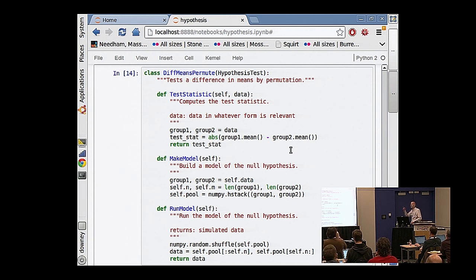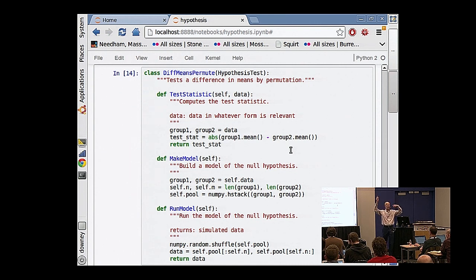Okay, so now here is a child class that is going to fill in that abstract class. I create a new thing that's called diff means permute. The name is both the test statistic, diff means, and the model that I'm using, permutation. And I'm going to do some different versions of that. I could do diff standard deviation permute, or I could do diff means resample.